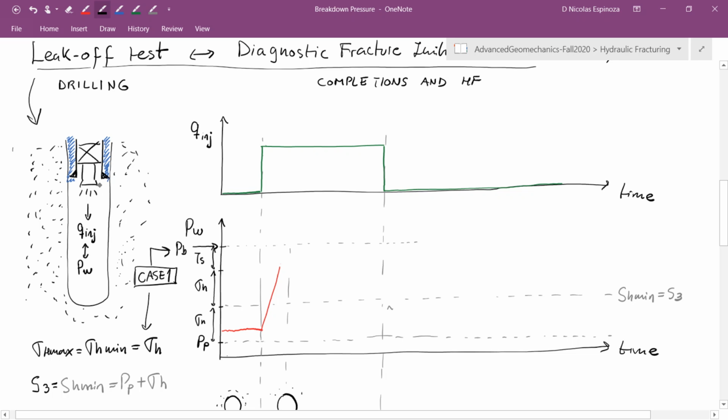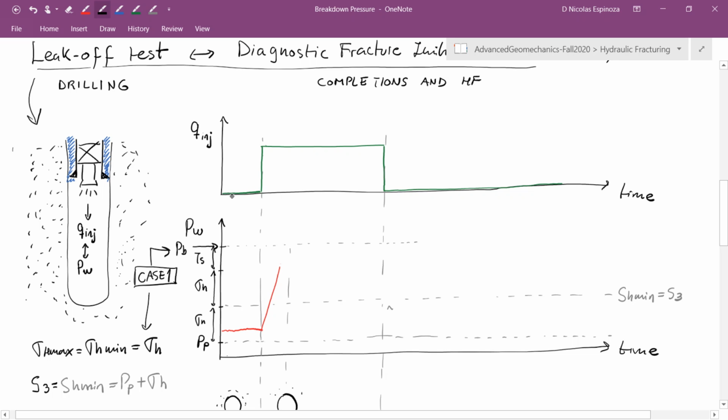After you set your casing, you isolate that section with a packer, then you start injecting a fluid at a constant injection rate, and because the fluid cannot go anywhere other than the pore space of the rock, the pressure is going to start to increase. And how fast it increases is going to depend on several factors, like, for example, for the leak-off test, the filter cake that forms around the wellbore, the permeability of the formation, and many other things. But it is going to go up.